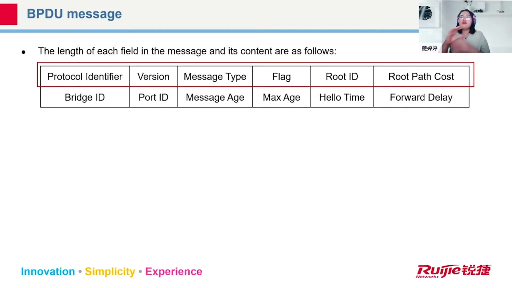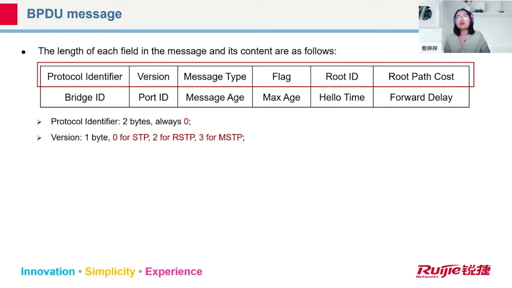So about this part, I will explain some detailed parameters for you. Later, when we select who is root and maybe what's the interface type, all the messages come from this link, so you can focus here, and later you can understand better. The first one is the protocol identifier. It has 2 bytes and is always 0. This is a fixed value. And the second one is the version.